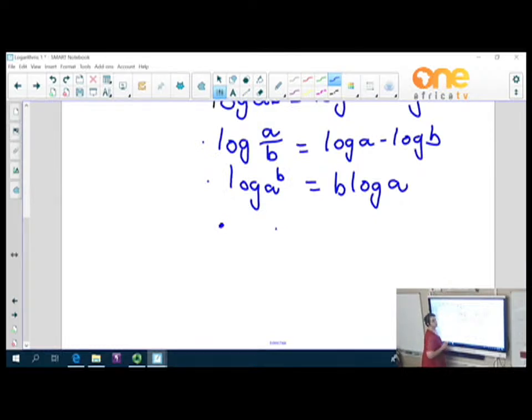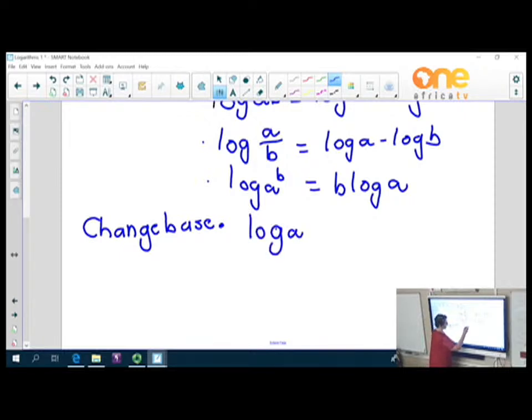Now, the new ones that we want to come up with now are when we change the base. So this is where we change the base, and that's then the following log laws. If I have log base A of B, then I can say that this is log B over log A. So what you do here is you change them all to base 10.